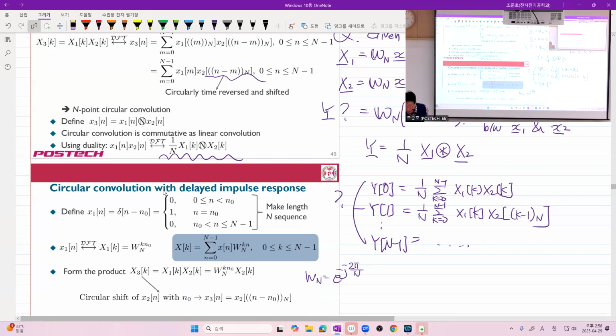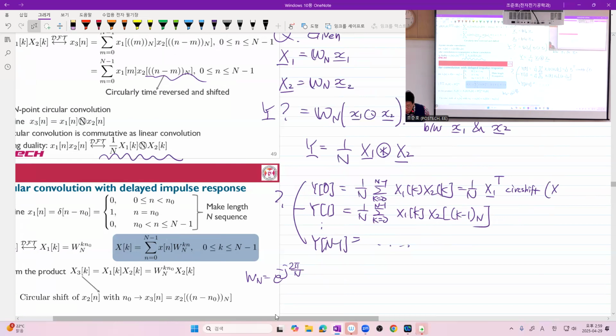Let me rewrite it like this: 1 over N x1 transpose circ shift x2 by 0. This is 1 over N x1 transpose circ shift x2 by 1. Got it? So simply, this is interpreted as the inner product of two vectors.